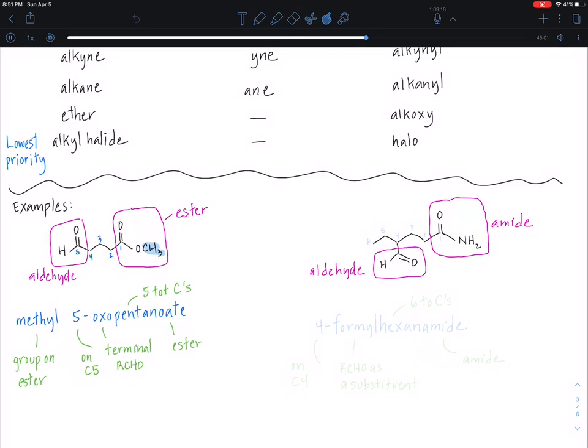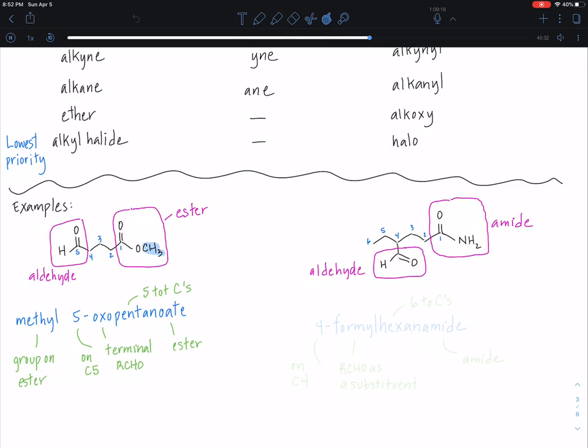So that thing's got, let's see, 1, 2, 3, 4, 5, 6. So that's going to be some sort of hexane derivative, right? And it's going to be an amide. So instead of hexane, it's going to be hexanamide, right? Because that's going to be the suffix we use. And let's see, there's 1, 2, 3, 4, 5, 6 carbons.